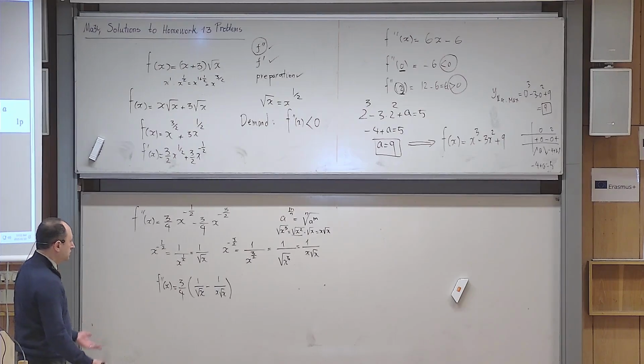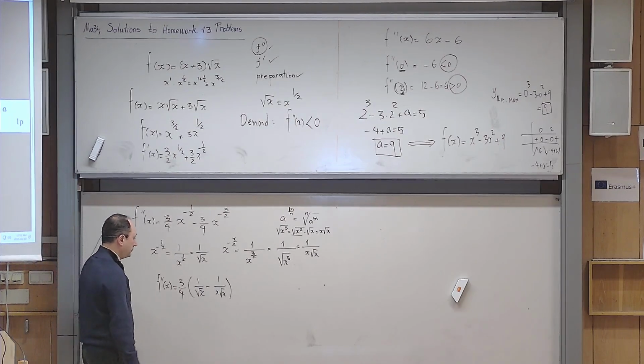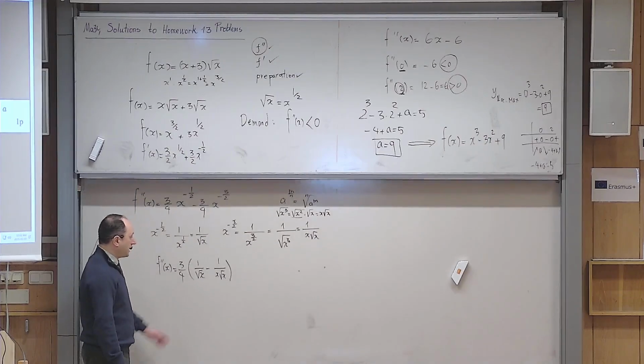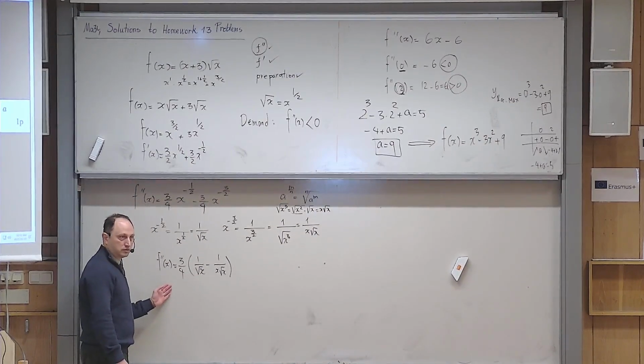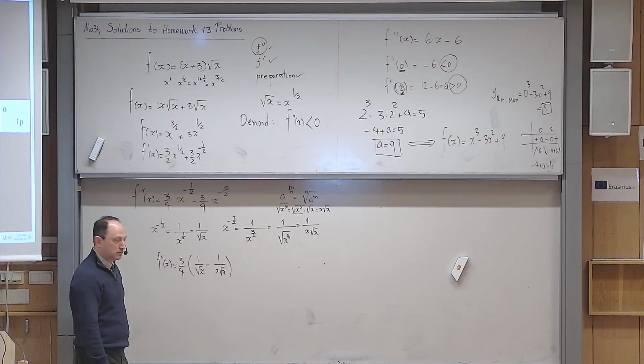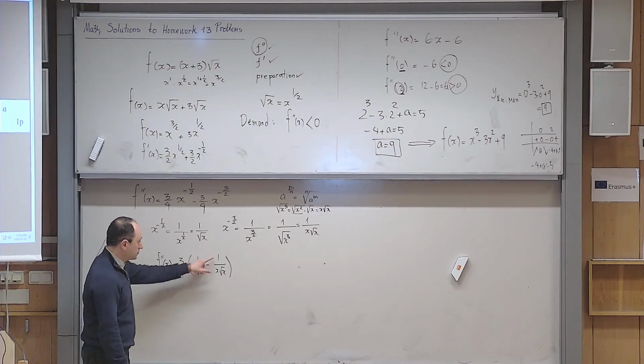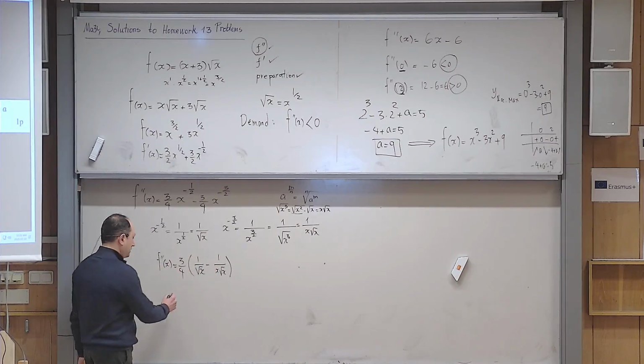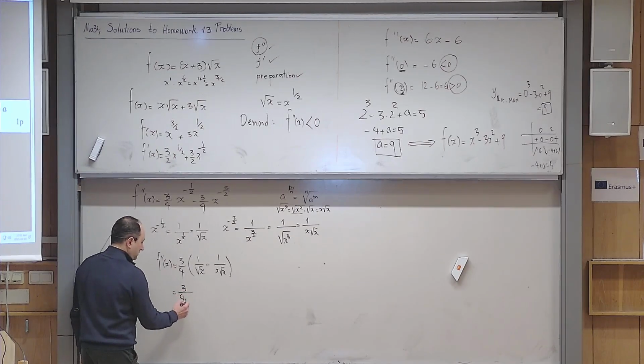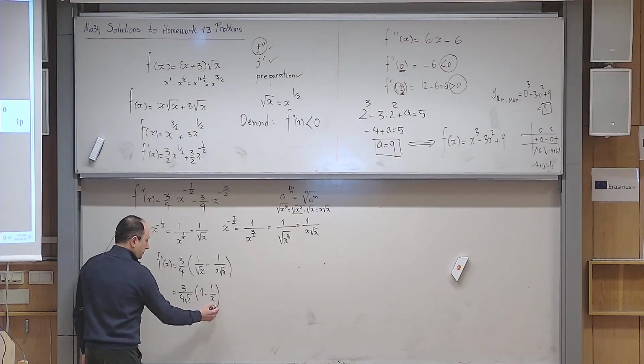There are many things that you can do here. I don't know which one you prefer. For example, can I factor things more? Do you see that I can factor something out still? 1 over square root of x also appears here. So I can pull this out as well. And from here, 1 is left, from the other one this is left.